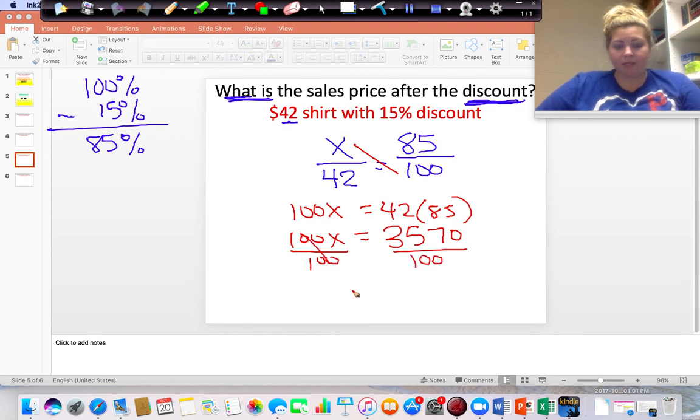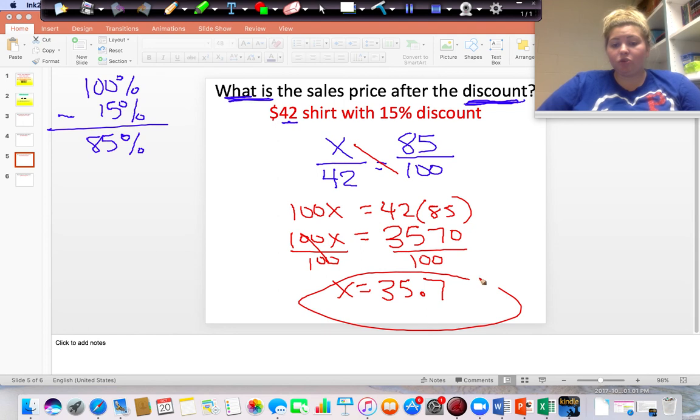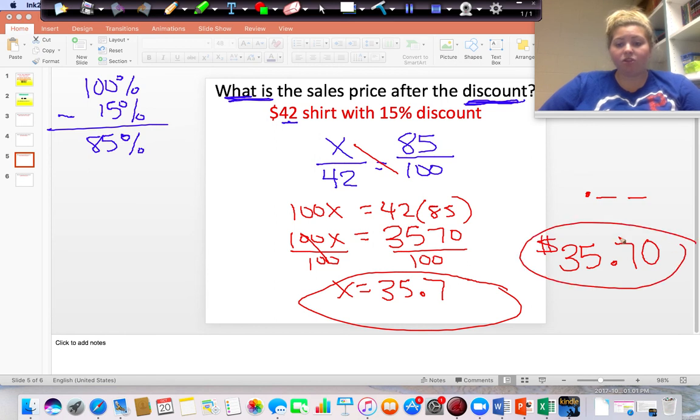This cancels and we are left with x is equal to 3,570 divided by 100, which gives us 35.7. Again, we are talking about money, which means we need to have two places after the decimal place. So we have 35.7, but we need a number in that second decimal place, so we are just going to put a 0. So our answer is $35.70.